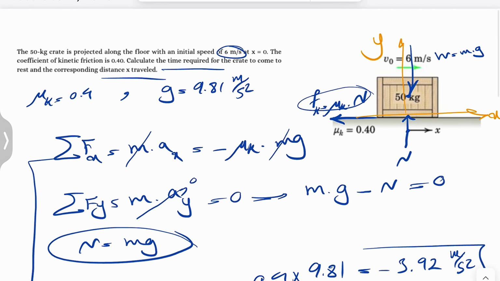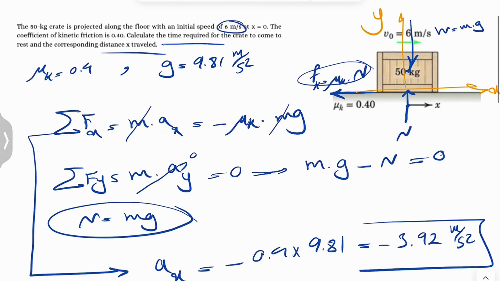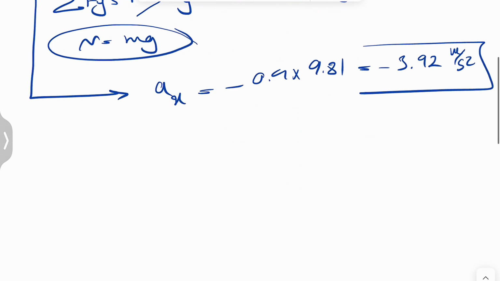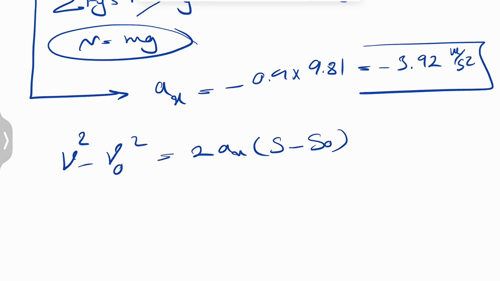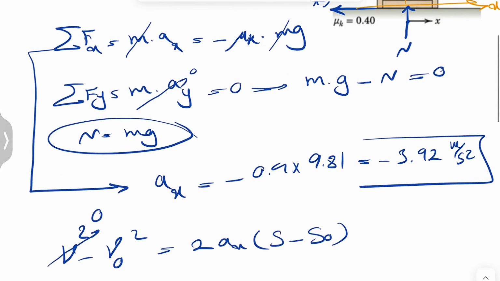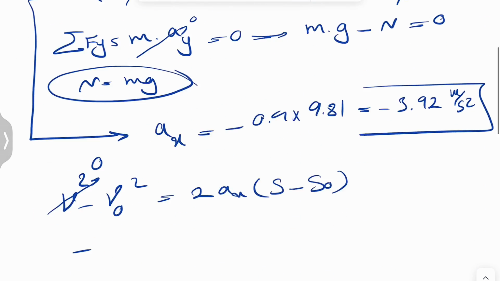All right, so now that we have the acceleration, we should be able to figure out the distance that's traveled and also the time that it takes. We're going to use the formula that we talked about in the previous videos, v squared equals v0 squared plus 2 ax times (s minus s0). We can also show this with x. Since the box is going to rest at the end of this travel, the final velocity is 0, and it starts with the initial velocity of 6.